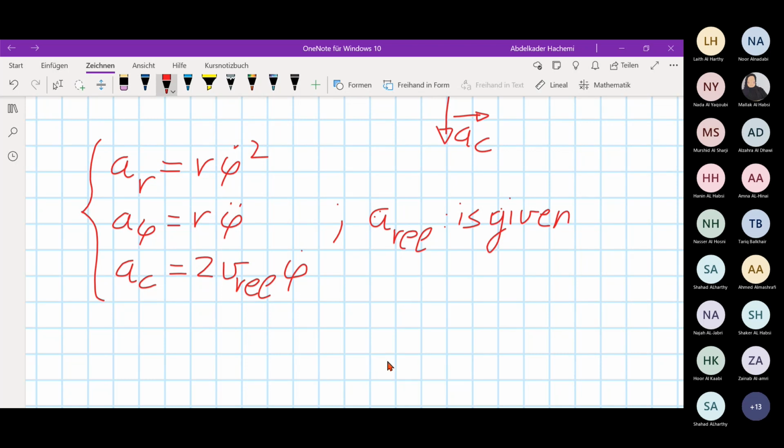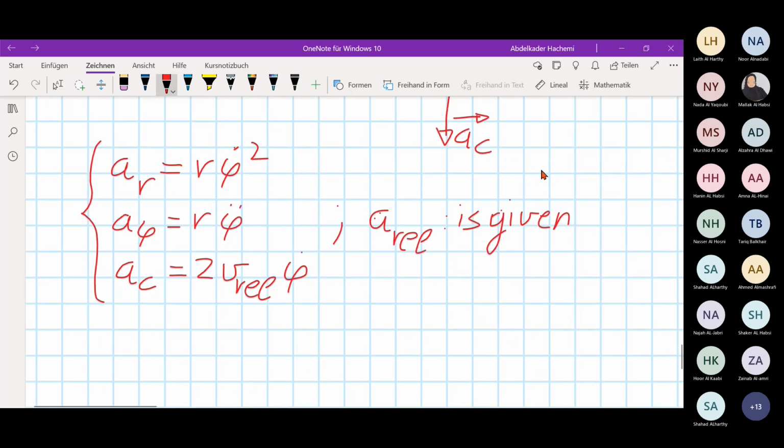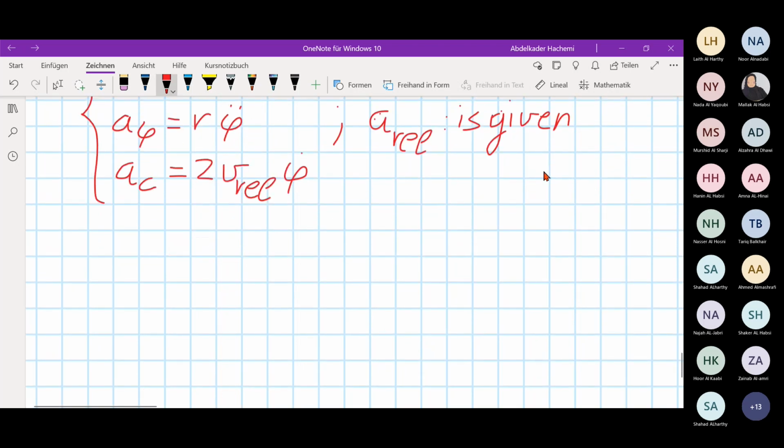Now what do we do? We do with D'Alembert, as we know the acceleration, AC. You have also the choice to use Newton's law. If we use D'Alembert, then in this case, we take the robot arm, that means we have here the connection.